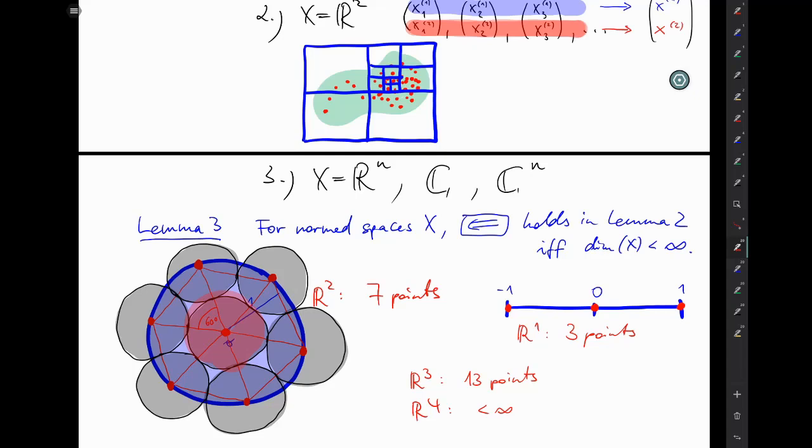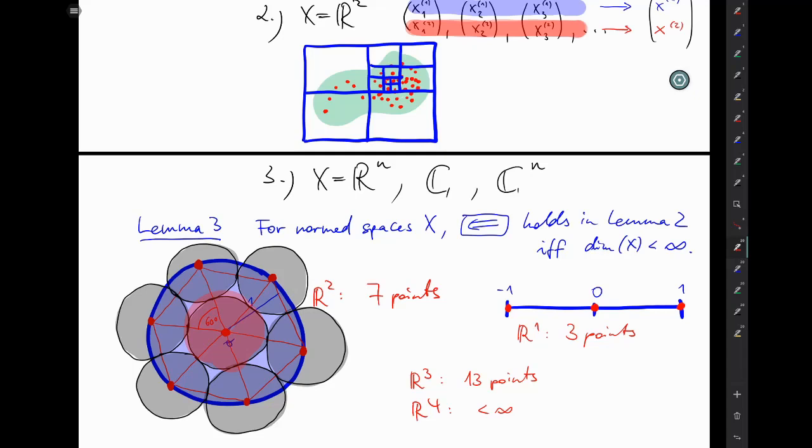Okay, but in fact the number is 13, and you have to wiggle a little bit, and then you see these 13 points. But my point here is that by increasing the dimension, you can always increase that number of points or that number of balls.